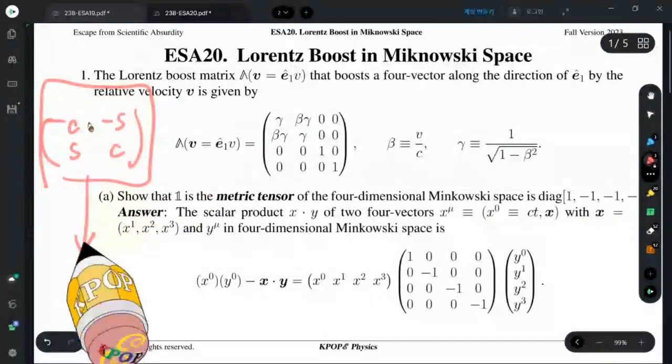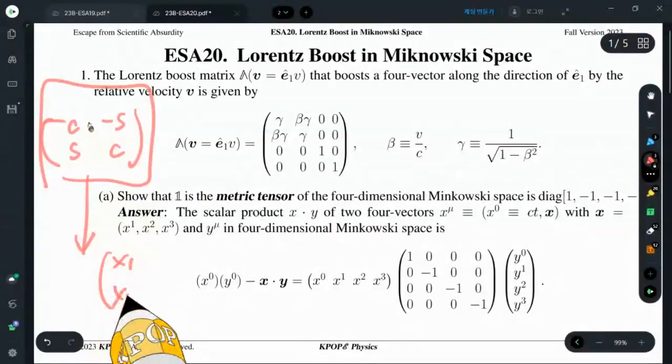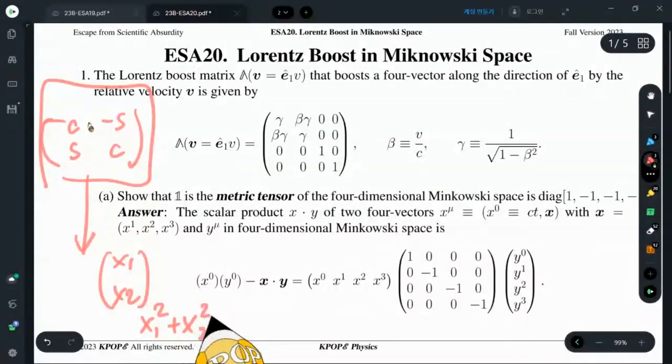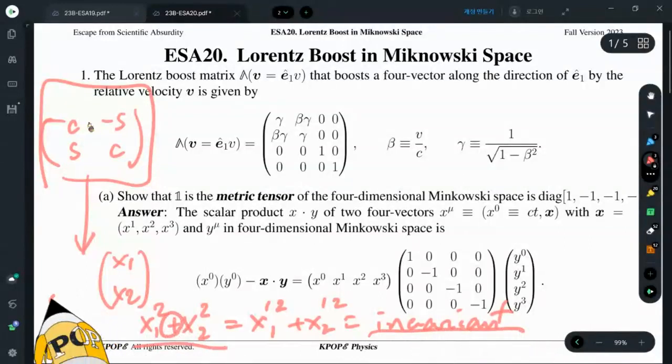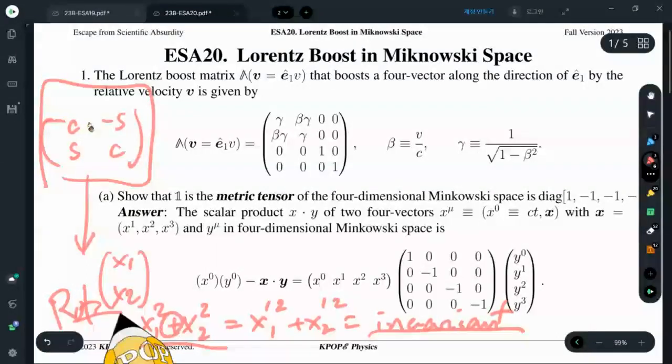This one after the rotation, x1, x2, this guy after the rotation, invariant. Sum of square is invariant on the rotation.